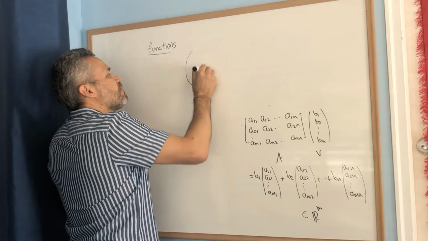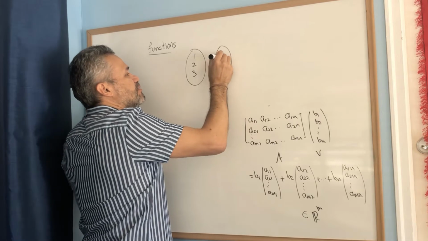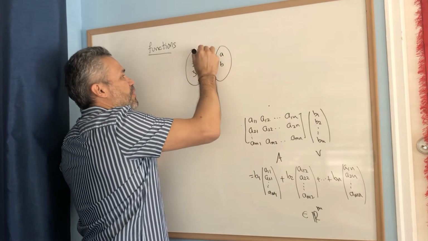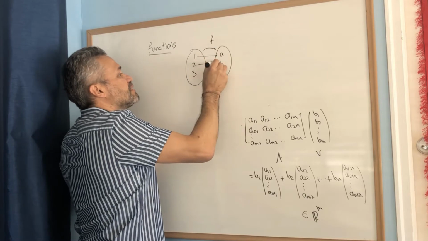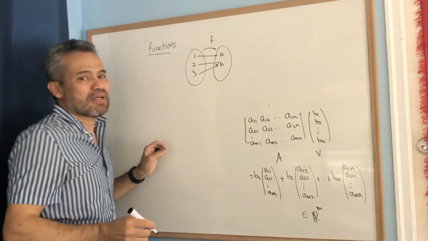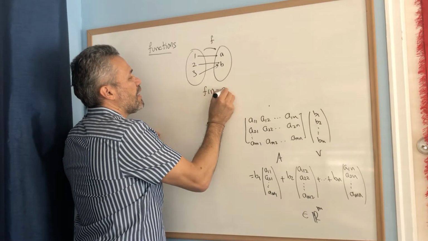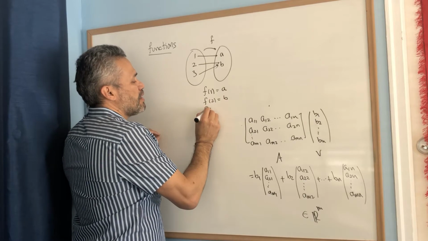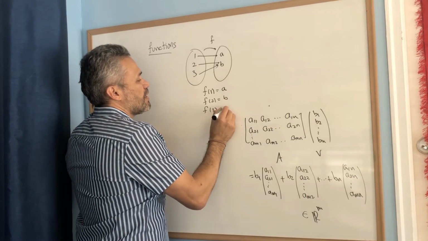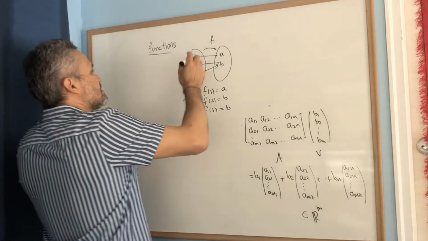Let's suppose that we have a set 1, 2, 3, and a set a, b, and we have a function f, where f of 1 equals a, f of 2 equals b, and f of 3 equals b.